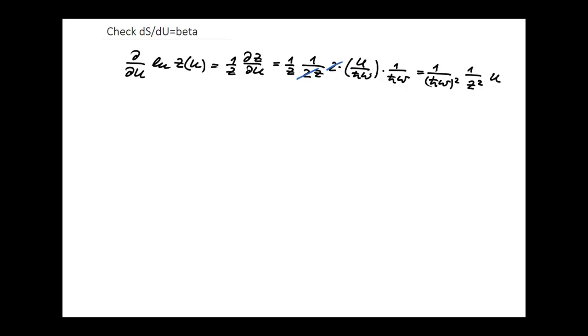Another derivative that we will need is the partial derivative with respect to u of beta regarded as a function of u. Now beta in turn, that was 2 over h bar omega times this inverse hyperbolic tangent. The prefactor remains 2 over h bar omega.